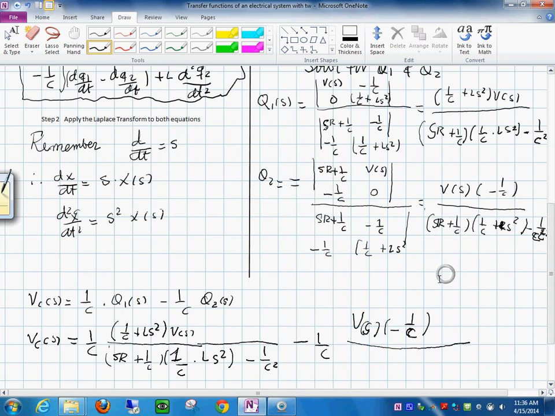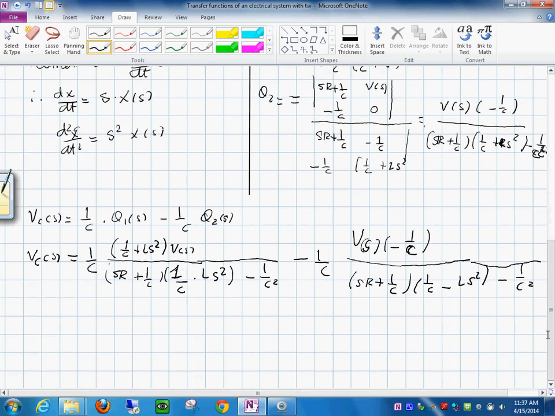Yeah, right here. And then the denominator is going to be a similar thing, SR plus 1 over C times 1 over C minus L SR squared, 1 over C squared. So we need to simplify this.